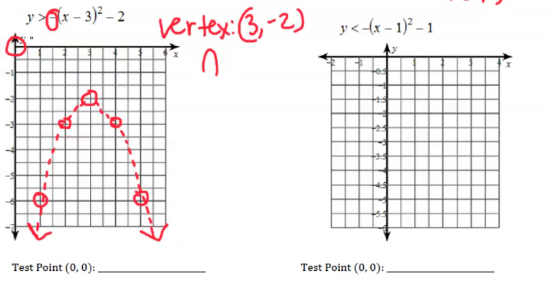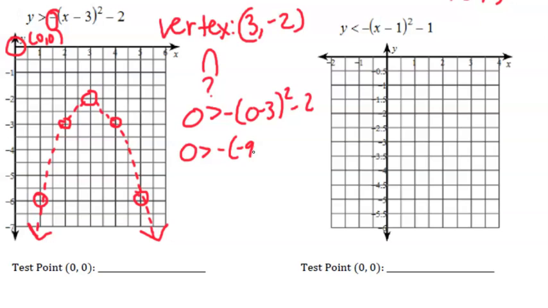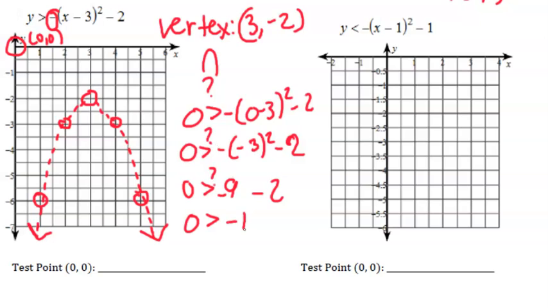Okay, let's use the reference point (0, 0) to test it out. Is 0 greater than -(0 - 3) squared minus 2? Is 0 greater than -3 squared minus 2? Is 0 greater than -9 minus 2? Yes, that's true.